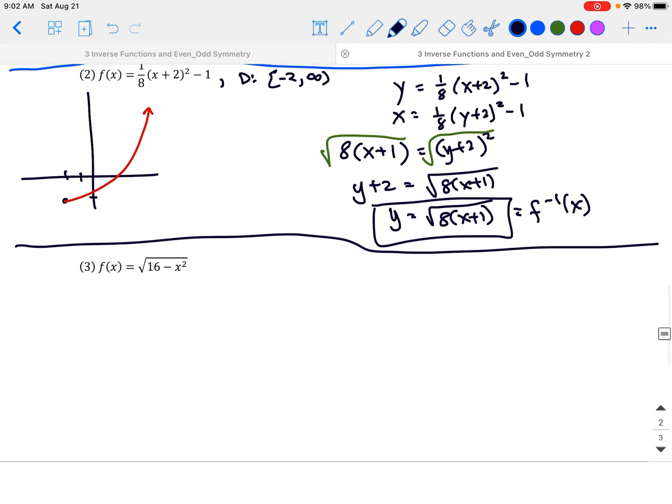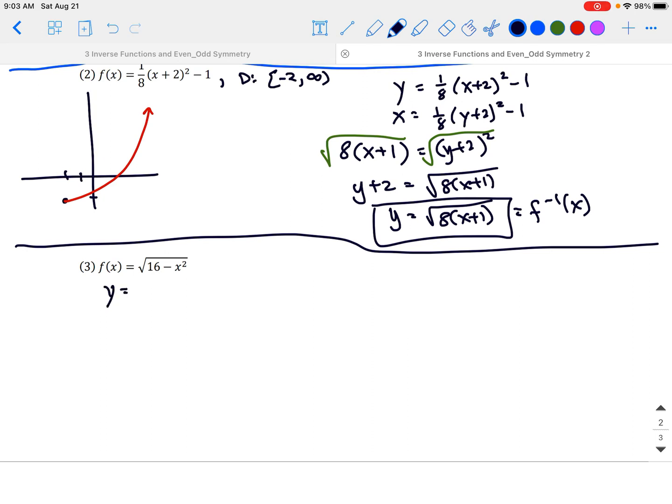And then finally, number 3, this function might not be obvious in what it should be. We will note the domain initially is going to be negative 4 to 4. We can see that if we want 16 minus x squared to be a non-negative number, it has to be larger than negative 4 and smaller than 4. But we're going to probably need to restrict that domain because the graph of this function is going to be something familiar.